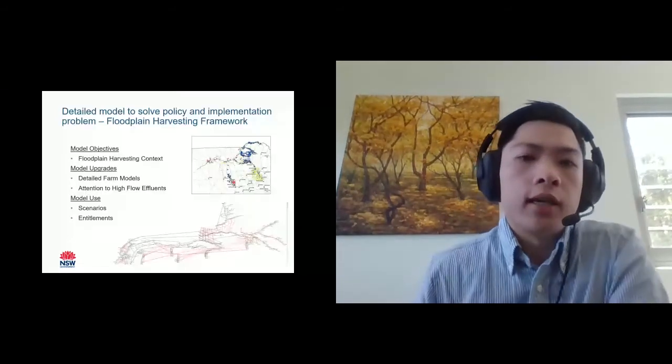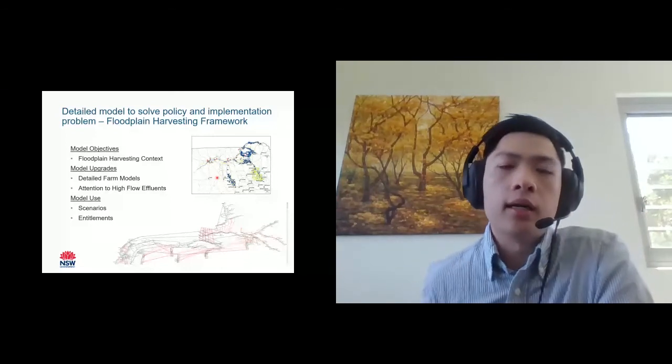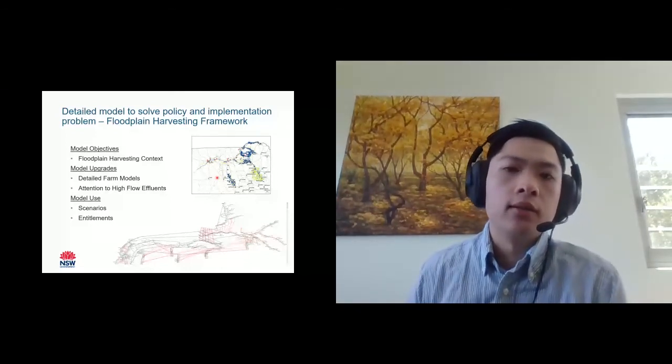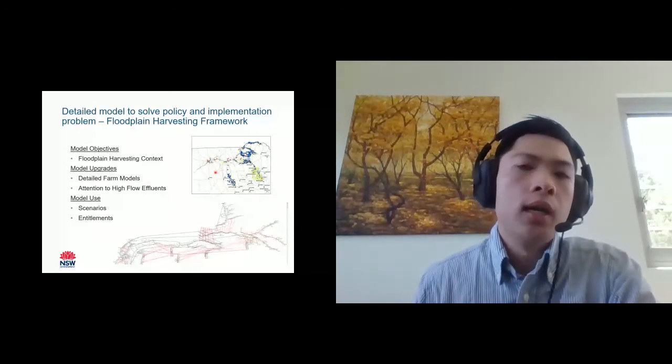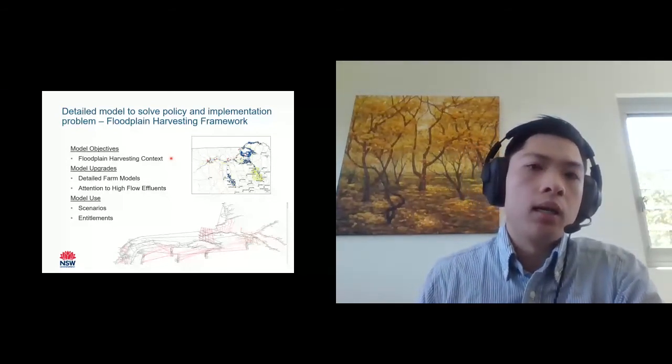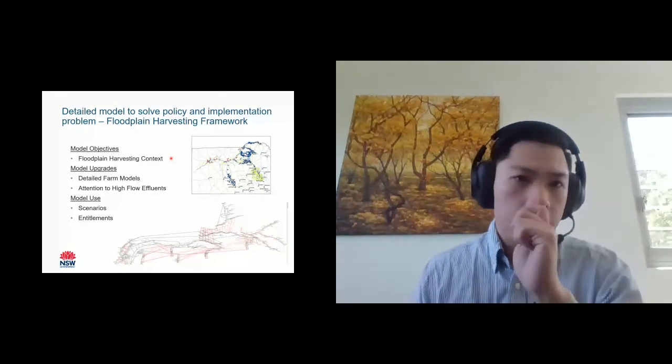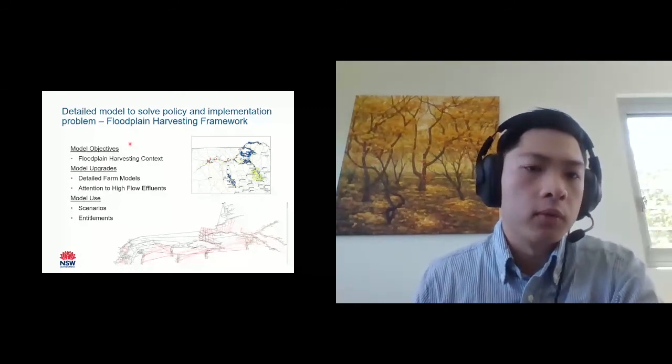To finish off, a bit of a summary. The slides are really there to share our experience on how we have used detailed river system models to help policy and implementation problems in the context of healthy floodplains.